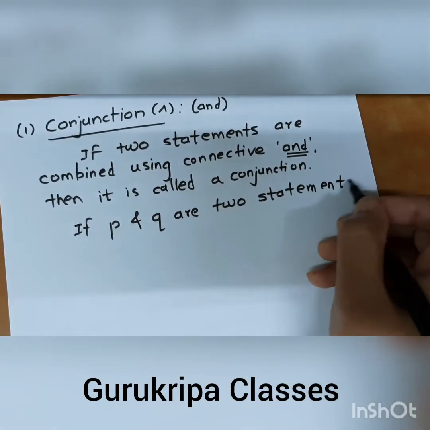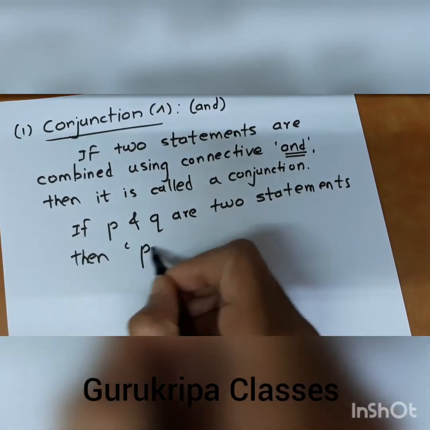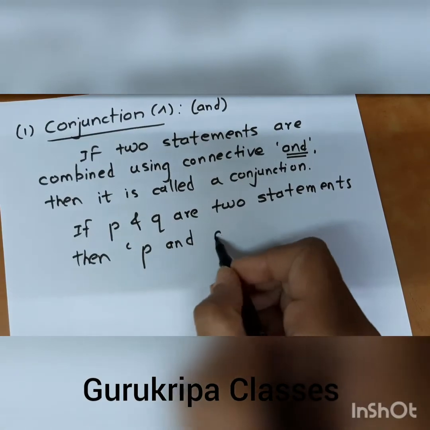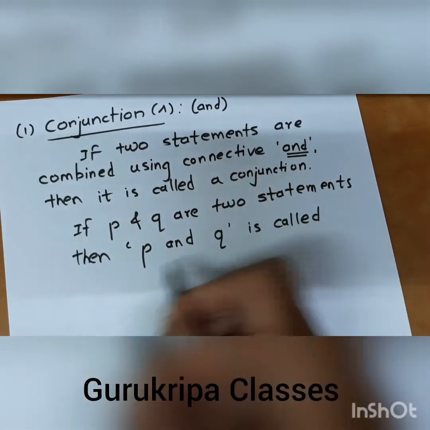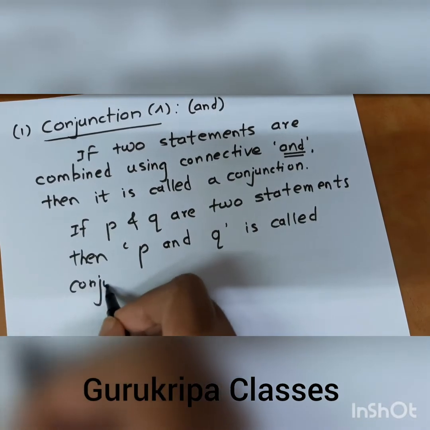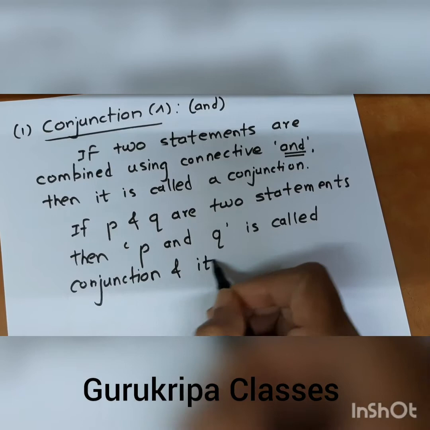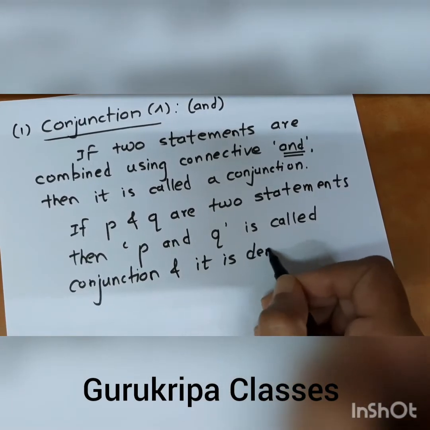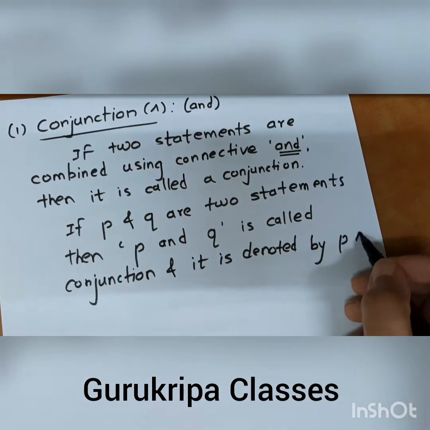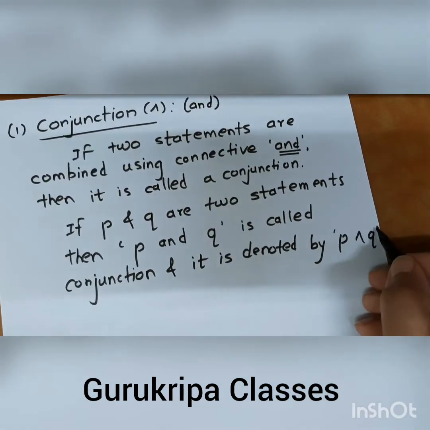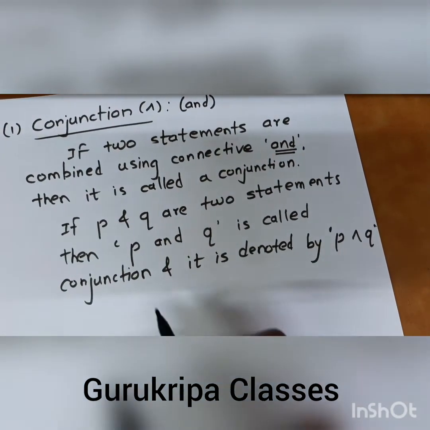okay, so we can say P and Q is called conjunction, and it is denoted by P conjunction Q. This is the symbol used for this connective, that is conjunction.